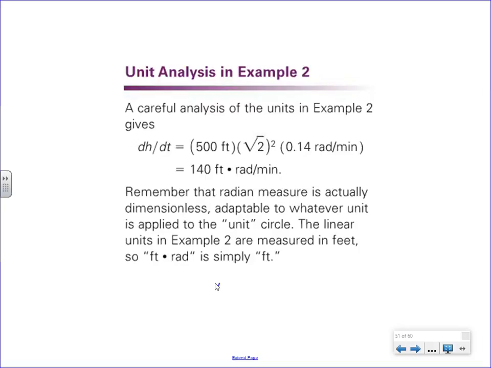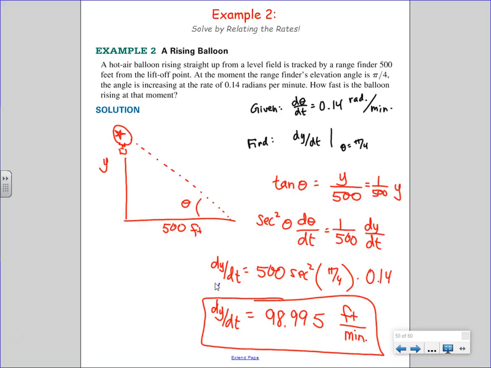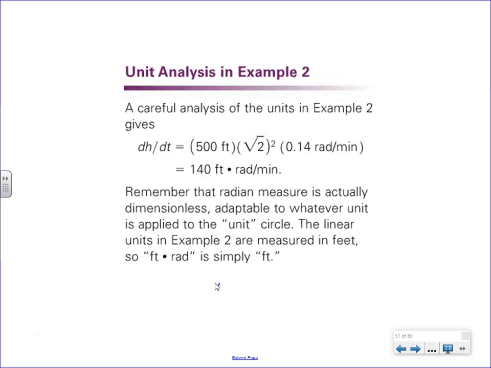All we did was plug it into our calculator, and technically it's feet times radian per minute. So why is it just feet per minute? Because radian measure is dimensionless, adaptable to whatever unit you're dealing with, so feet times radians is the same thing as feet.